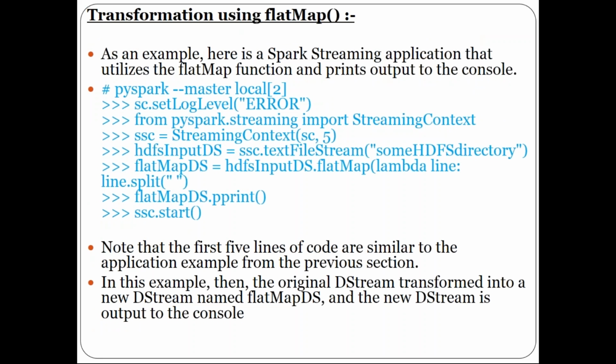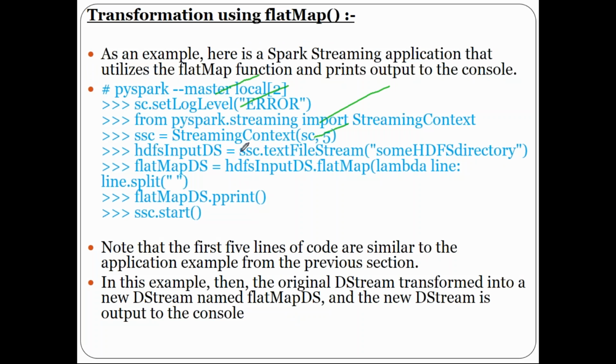Now, this is the transformation using flatMap. Very simple. If you remember the flatMap process that I used earlier, that is the same process, but the only difference is this one.